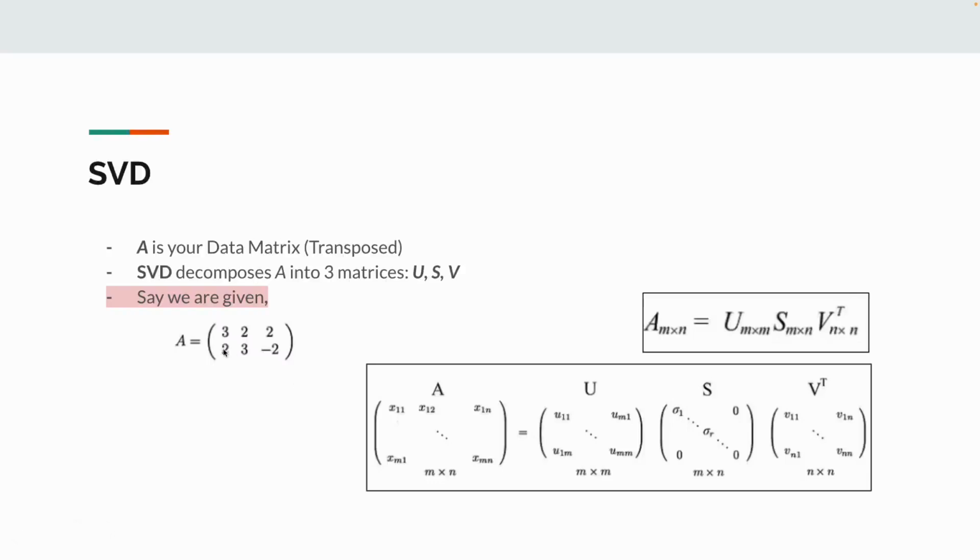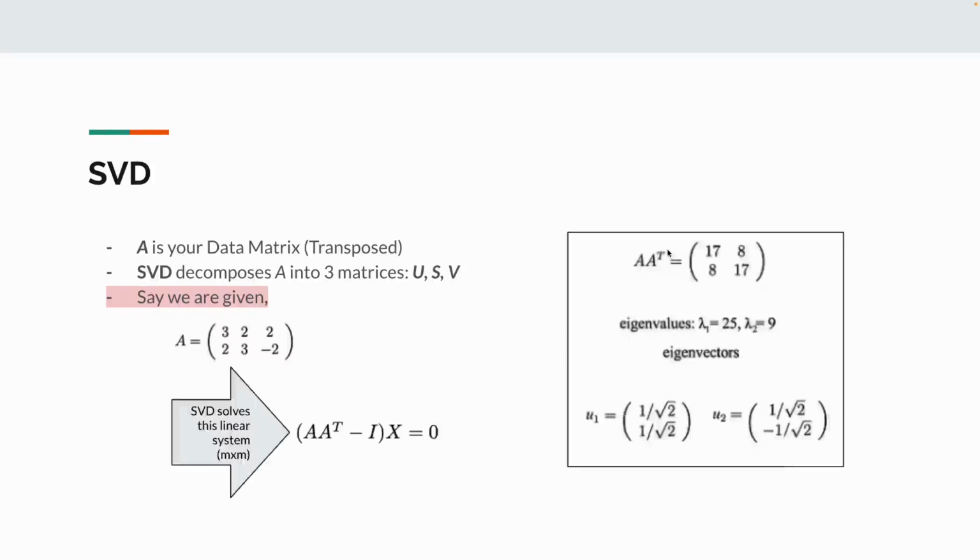So let's take an example and explain the scenario, so it will be much more intuitive and clear. Here A is your data matrix and we recorded data in a column-wise format. So 3, 2 is our first, 2, 3 is our second, and 2, minus 2 is our last data point, okay? So you have a 2 times 3 matrix. Your A A transpose would be of size 2 by 2, right? And then you have to solve this linear equation, which will give you 2 eigenvalues and 2 eigenvectors, right?